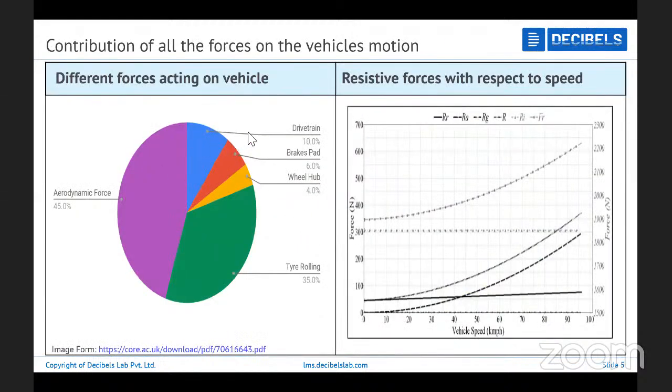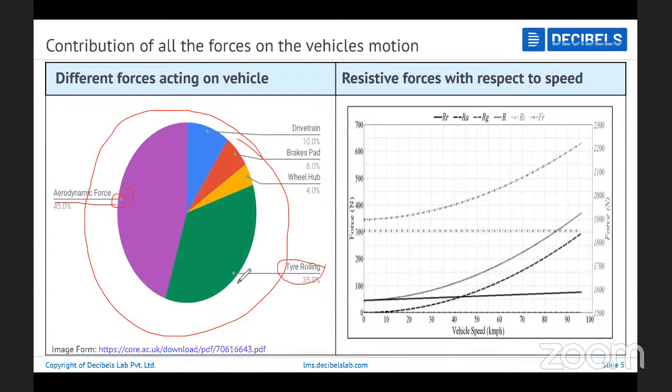This is just to represent the contribution of all your forces. If you see this particular pie chart, aerodynamic force is contributing somewhat here, tire rolling is contributing some percentage, and the rest are other losses, where the gradient is not included here.